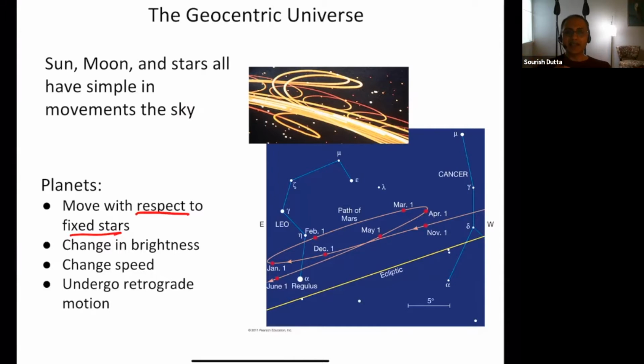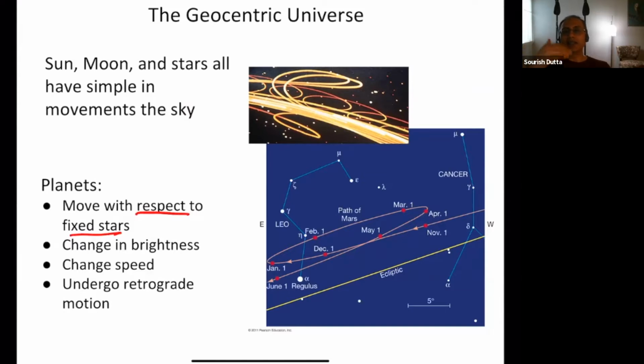Another thing is that the planets seem to change brightness. So today Jupiter or Mars might be bright, but say 6 months from now it might be a lot dimmer. So the brightness of the planets changes with time. And then another thing is, we just mentioned how the planets move across the sky. I mean, you won't see it moving like an aeroplane moves across the sky because they're very far away, obviously.